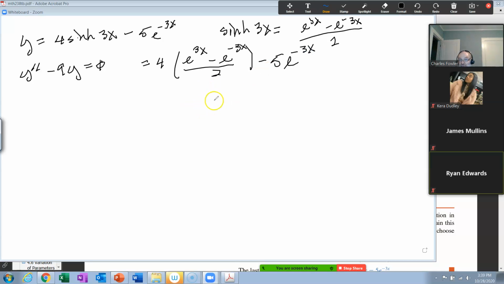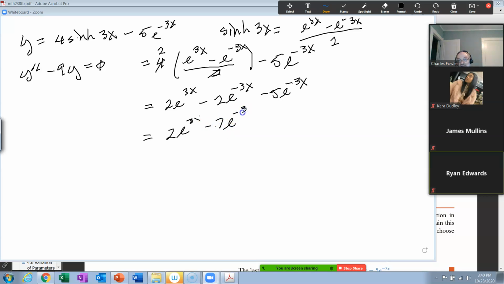Well, 4 divided by 2 is 2, so this will be 2e to the 3x minus 2e to the minus 3x minus 5e to the minus 3x. Combine like terms and you get 2e to the 3x minus 7e to the minus 3x. So much easier to work with. This is your y right here.